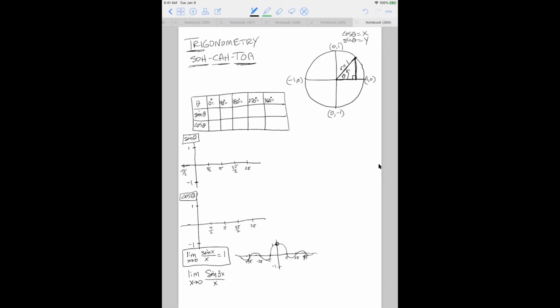Notice that when we've got a 45-degree angle, this side here and this side here are going to be exactly the same, because 45, 45, 90 triangles happen in there. So the x and y coordinates of this point are the same.